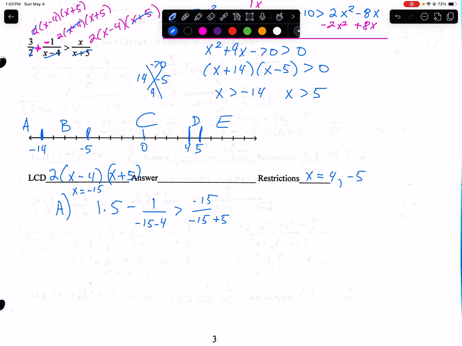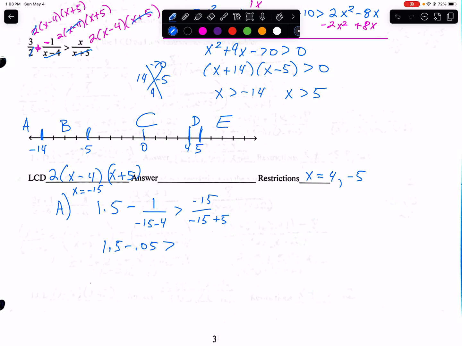If I'm doing this in the calculator, I'm going to go negative 1 divided by parenthesis negative 15 minus 4. And then you get 0.05. So we have 1.5 minus 0.05. And then I'm going to do that same thing with this negative 15 plus 5.